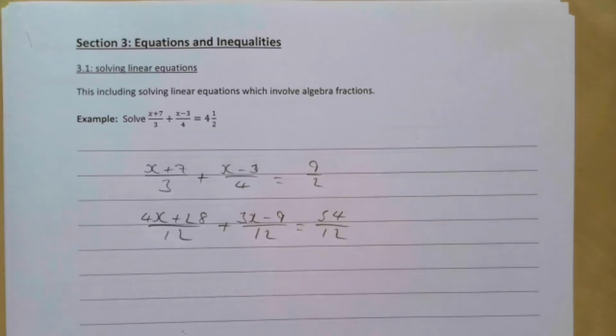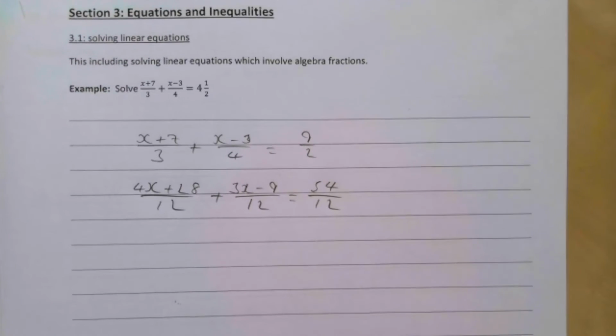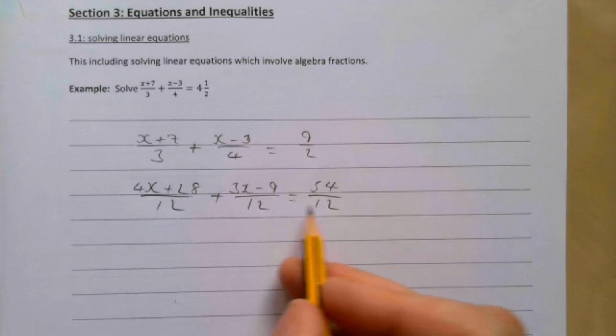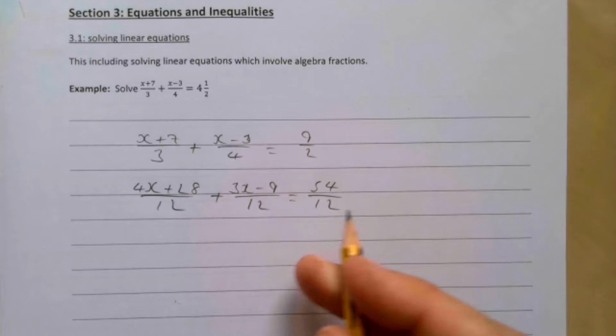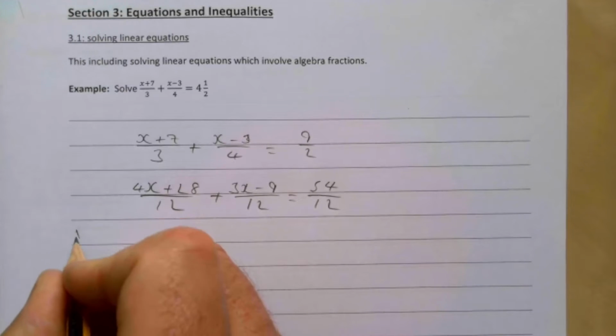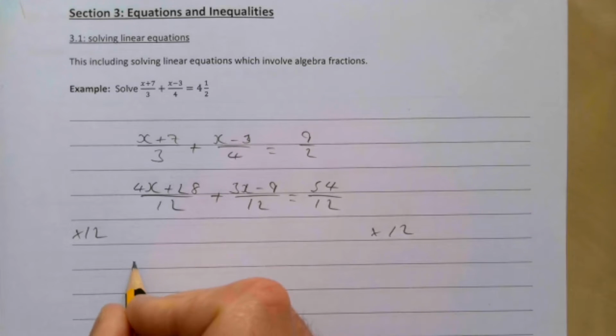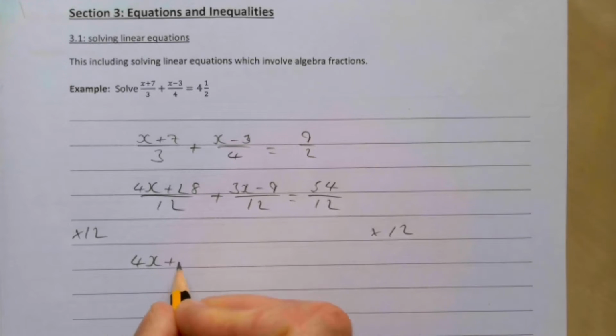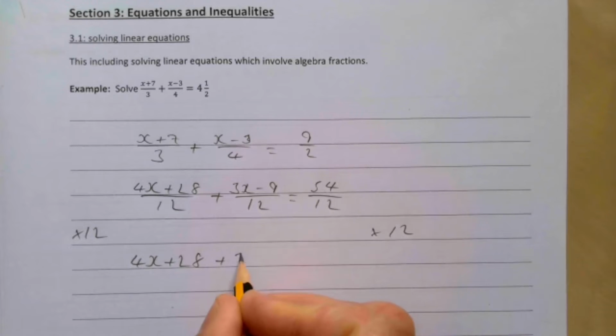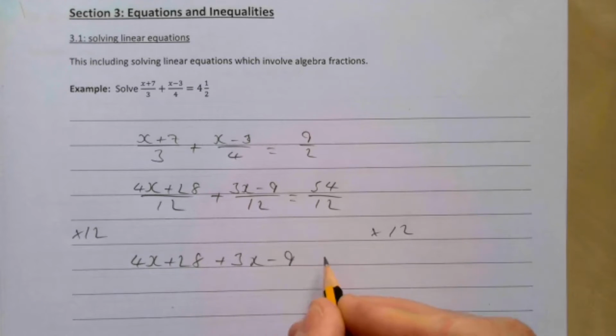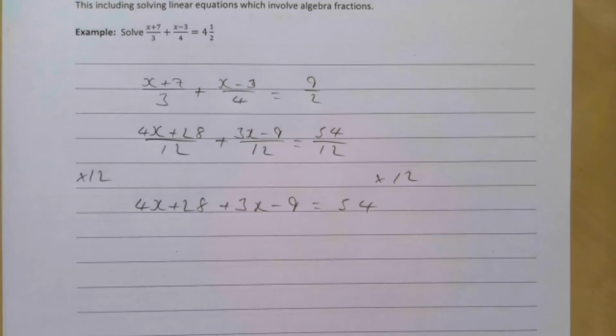54/12. The next move we can do then is just to multiply through both sides by 12 and the fraction totally disappears. So if I times by 12 and times by 12, I will get 4x + 28 + 3x - 9 = 54.